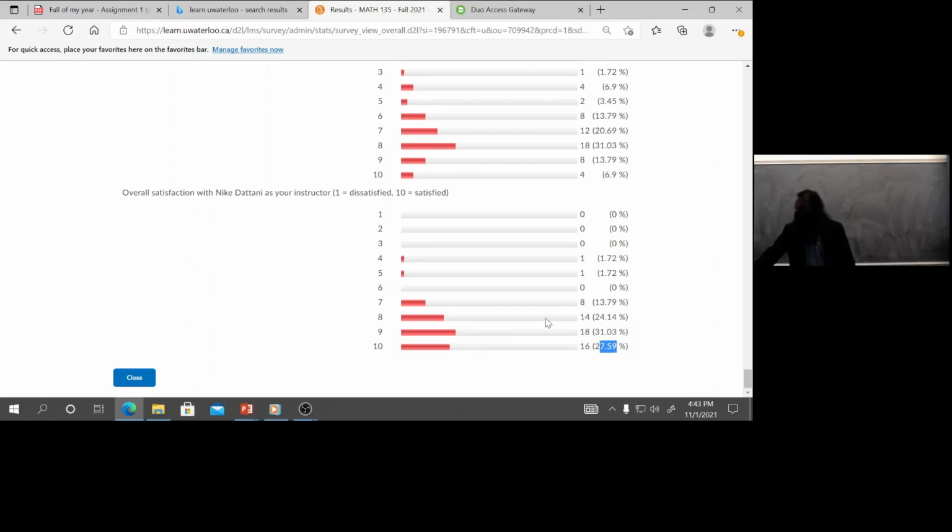And these ones, it sometimes hurts to see a 4 out of 10 for overall satisfaction, because I am trying everything I can. It's my first time teaching 135, and it's my first time teaching here since 2008. So it was a big learning curve, and from August 20th to September 1st, I had to prepare all this.